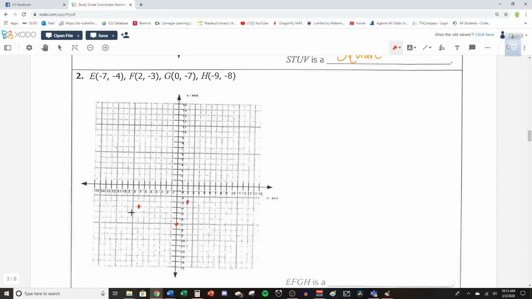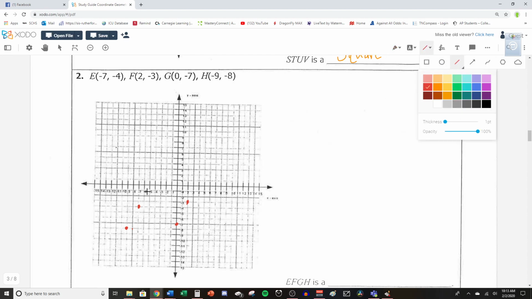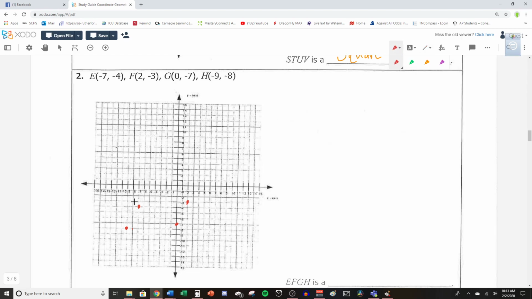So -9, -8. Right here. Okay. Very important that you are very precise with these lines. Let me actually label those points first. So this is E, this is F, G, and H.